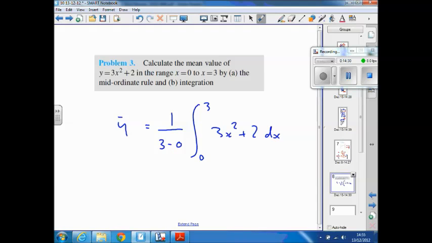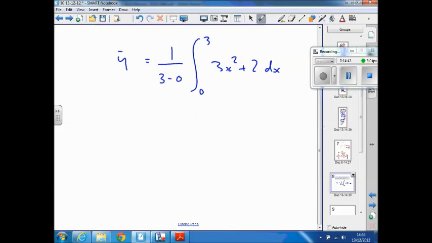That's what this average value formula tells us to do: find the integral and then divide effectively by the limits. 1 over 3 minus 0 is just a third.